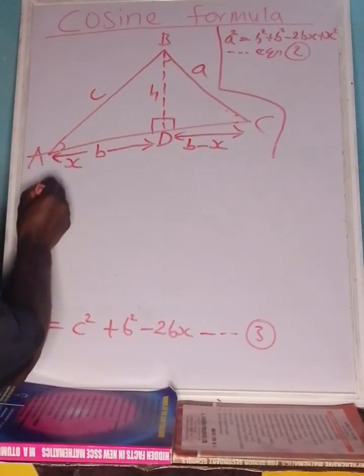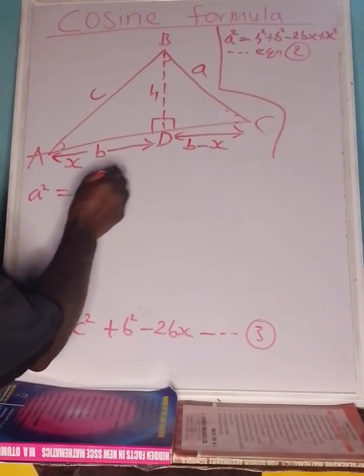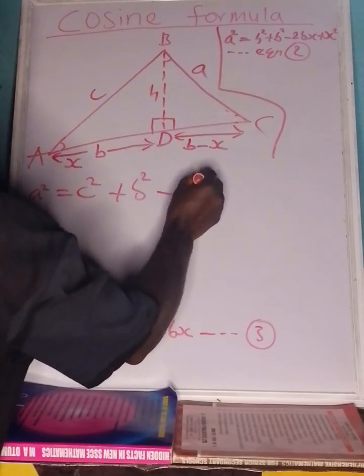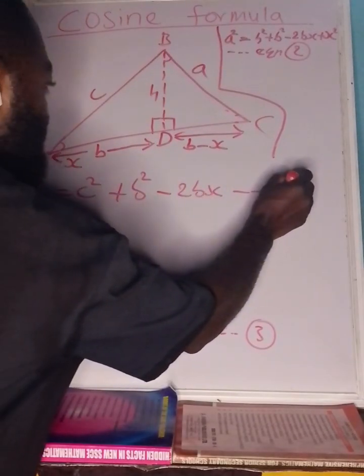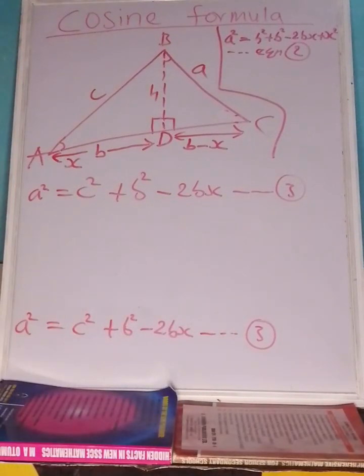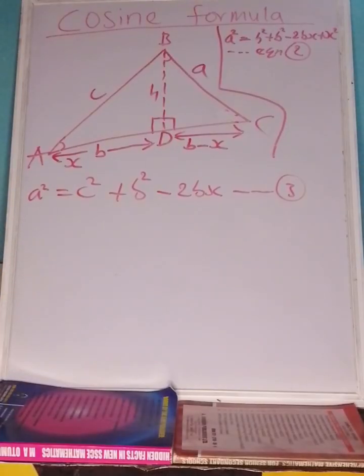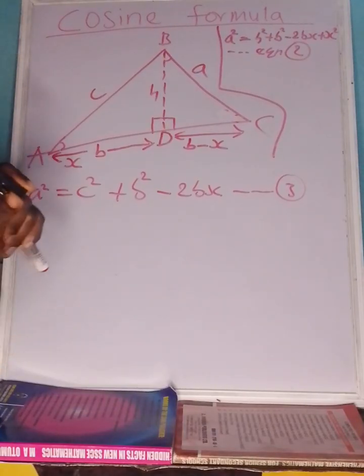A squared is equal to c squared plus b squared minus 2bx. This is our equation 3. Now let us clean this so that we can work further. Look at what we are trying to do. Remember this triangle here: when you are taking cos of A, you know that cos theta in SOHCAHTOA, we are dealing with a right-angle triangle. So cos theta means adjacent over hypotenuse.